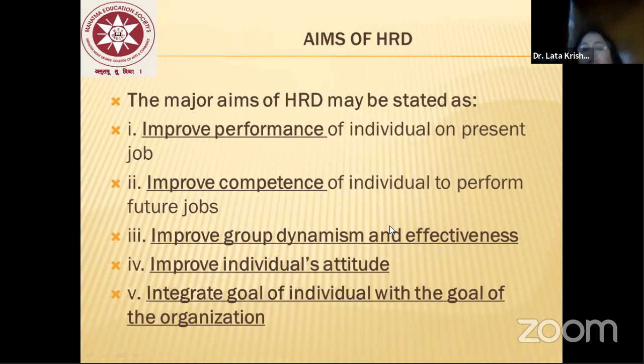Integrate the goal of the individual with the goal of the organization. Very, very important. If a particular business organization has to grow, succeed and survive in the competition that exists in the environment, we understand that human resource is the most important active thinking resource which contributes to the success of a company.